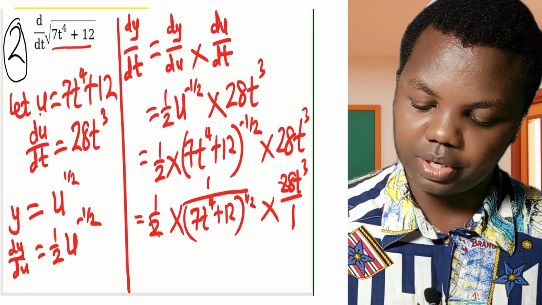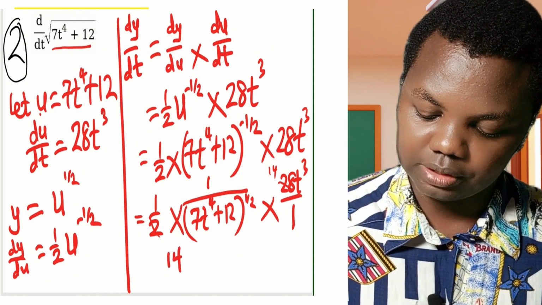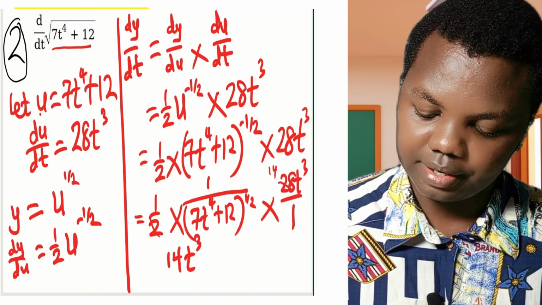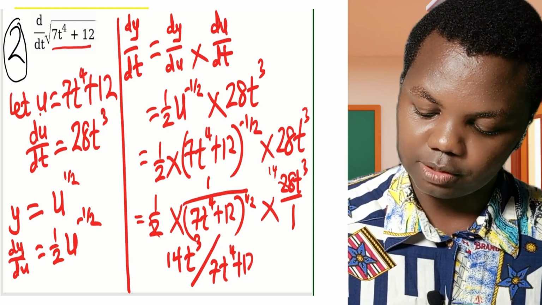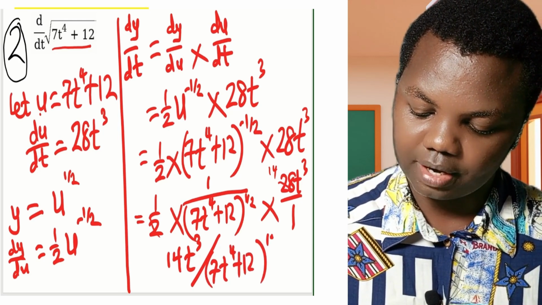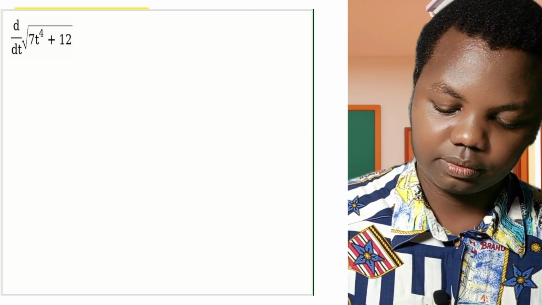So 2 here, 1, 2 here is 14. That gives me 14t to the power of 3 divided by (7t to the power of 4 plus 12) everything to the power of half. Right, so I want to simplify this now.